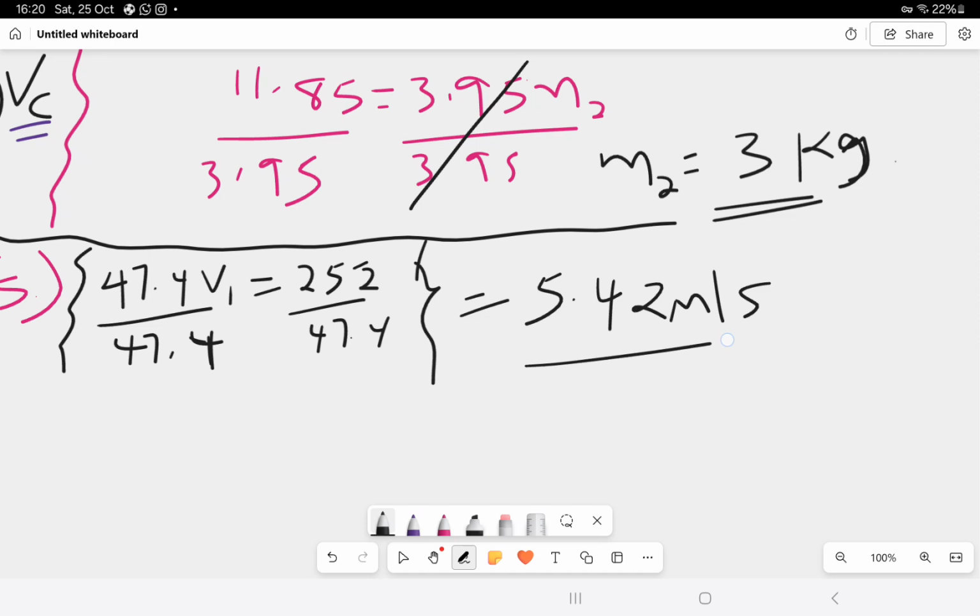As simple as that. Good. Let's go to the next one.